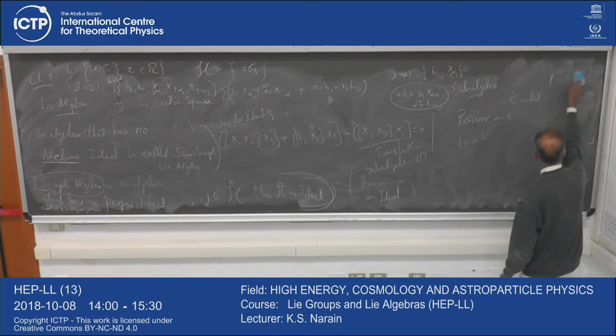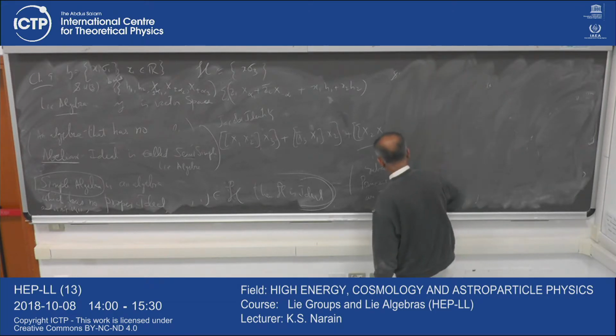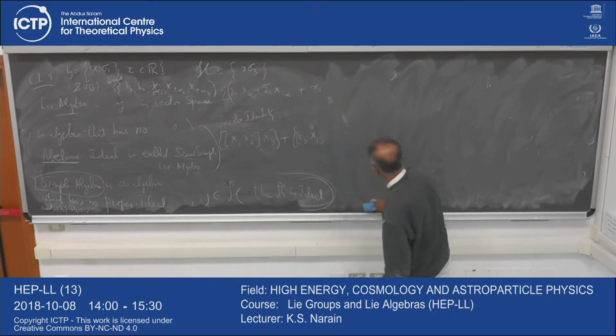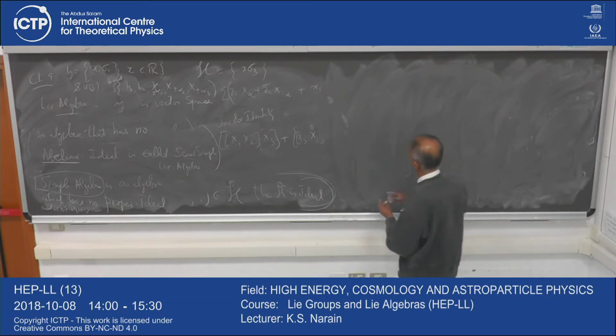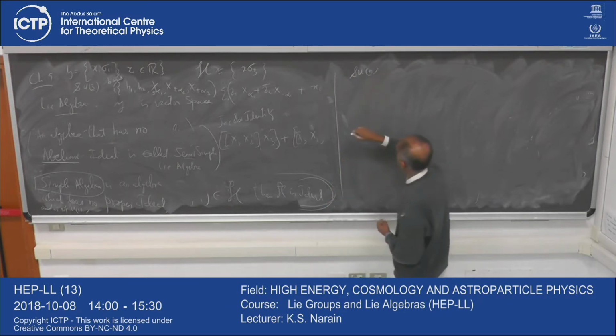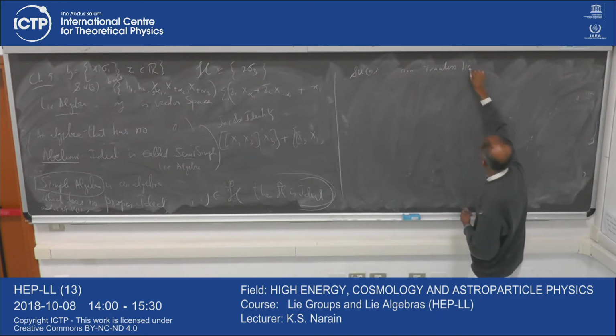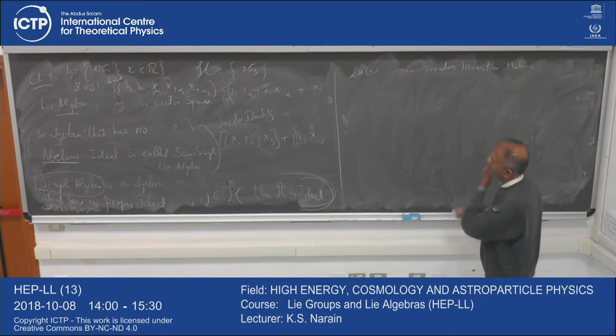And then we will move on to that. So far we have seen SUN Lie algebras. So this is n cross n, I mean, this is basically the Lie algebra of n cross n traceless Hermitian matrices or anti-Hermitian matrices, depending on convention.